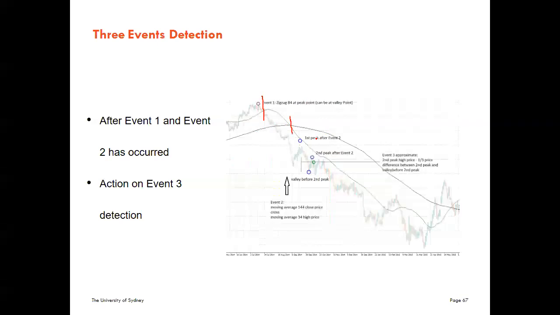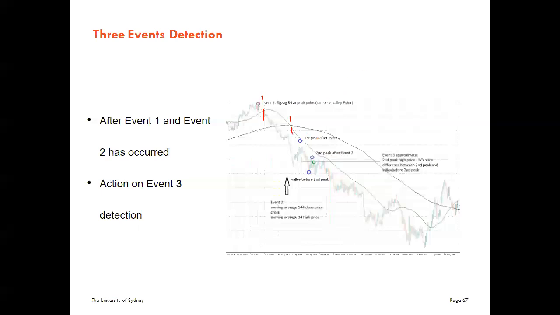We have found that once event 1 and event 2 have happened, we can find a third event. The property of that event is that after it has happened, the market goes in one direction. In this case, when this event happens, the market will go down, and this is what we have verified.